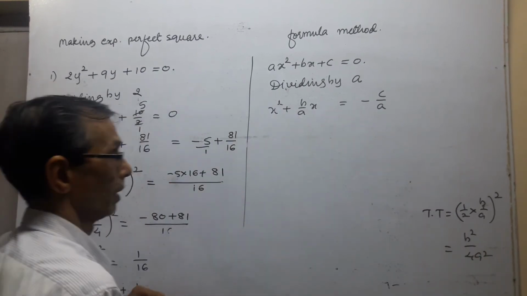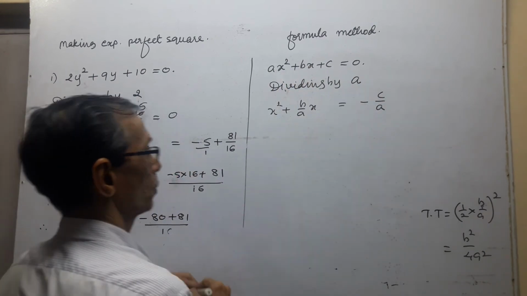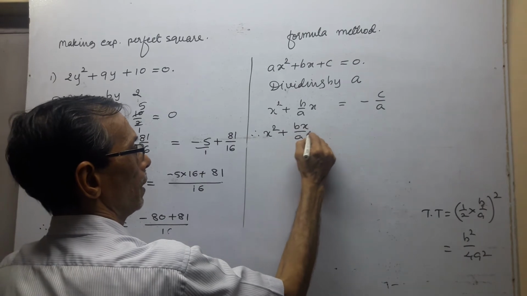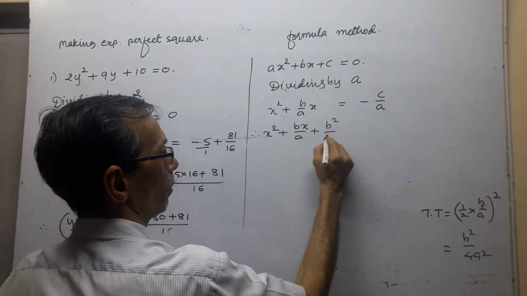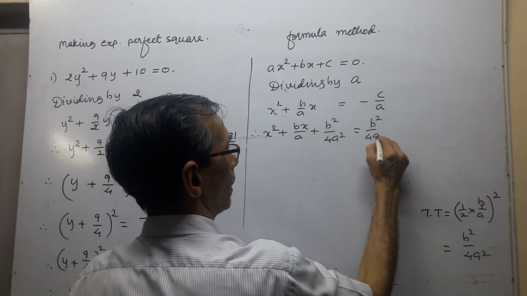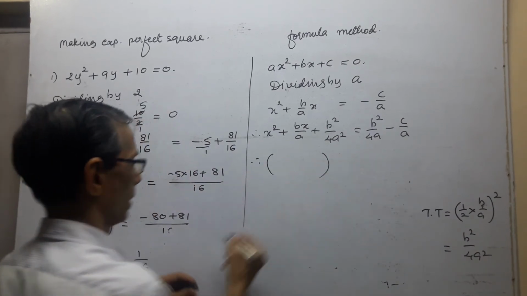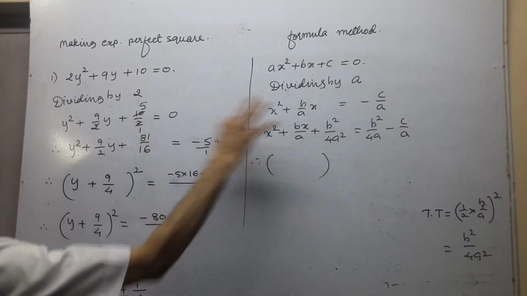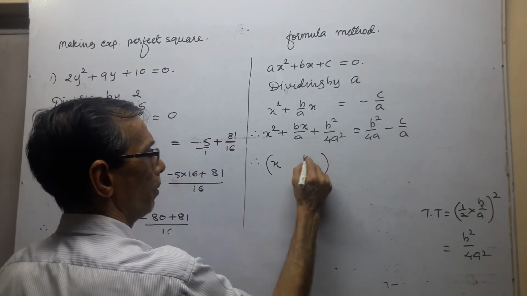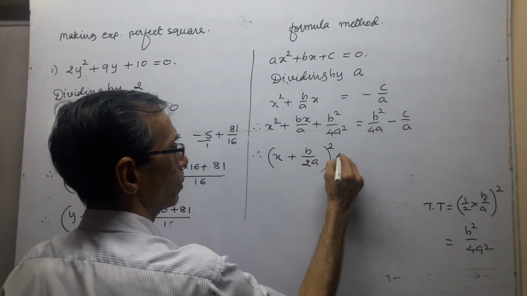If we add b square upon 4a square to both sides, this expression becomes a perfect square, and we get x square plus bx upon a plus b square upon 4a square is equal to b square upon 4a square minus c upon a. This is a perfect square: compare, and we get x plus b upon 2a, whole square.